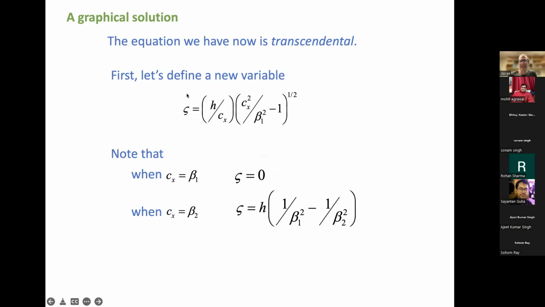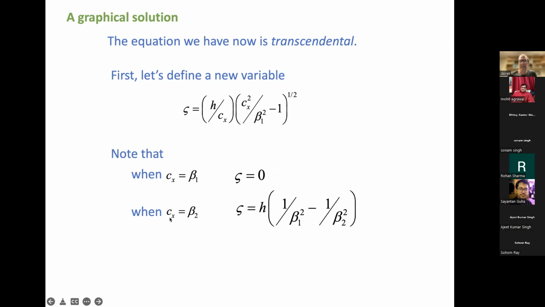I forget what the name of this variable is, but I'll call it zeta. So zeta equals h over c sub x times the square root of c sub x squared over beta sub 1 squared minus 1.